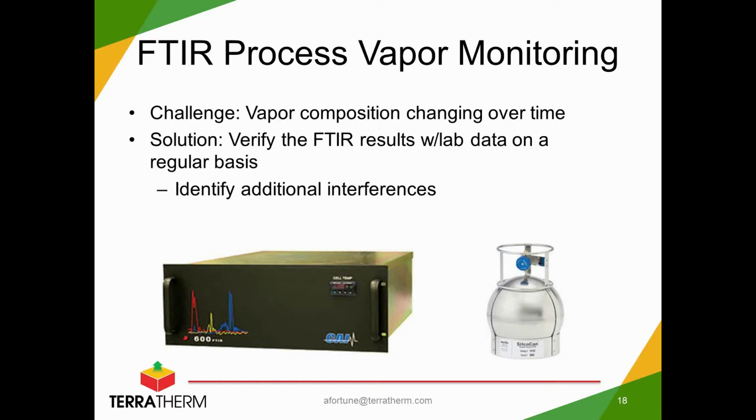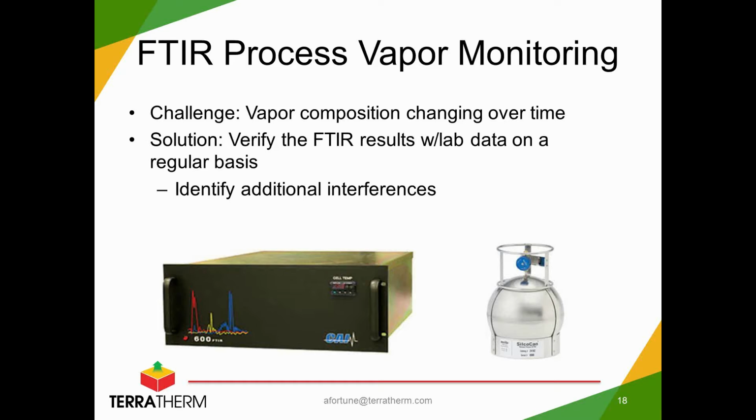The one challenge with monitoring our vapors at our thermal remediation site is that the vapor composition is changing over time. And this is a key difference between how we're using the FTIR instrumentation versus a lot of other industries.